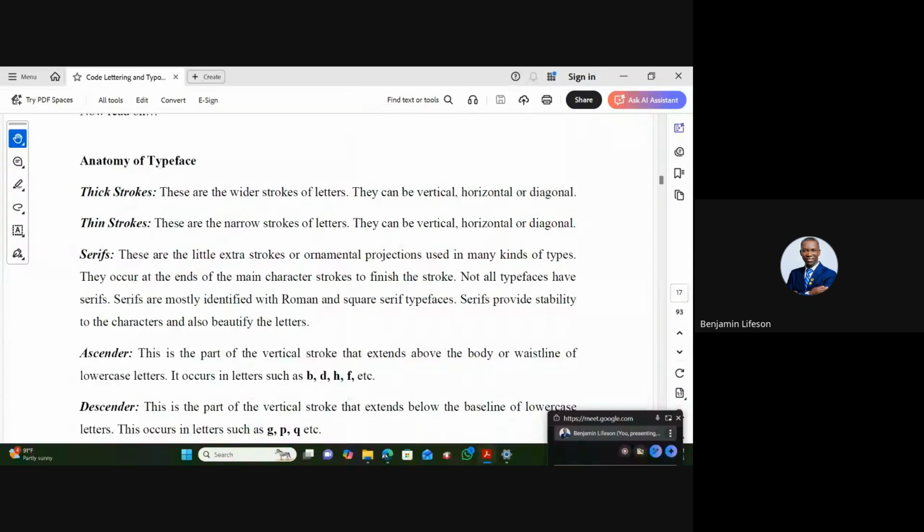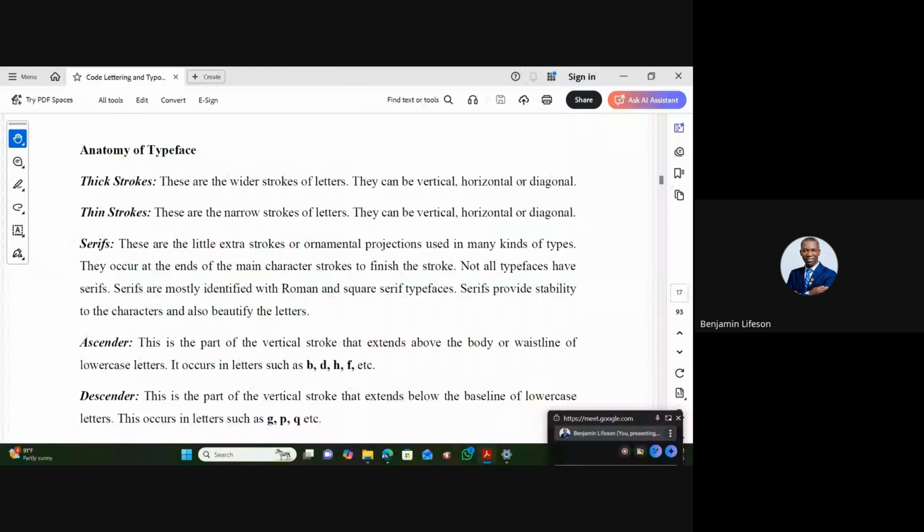They are the ornamental strokes, the little extra strokes that are identified on typefaces. So that is what we refer to as the serifs.